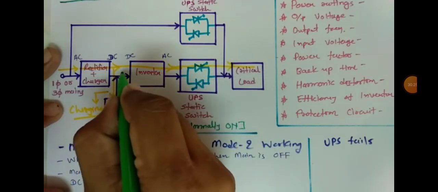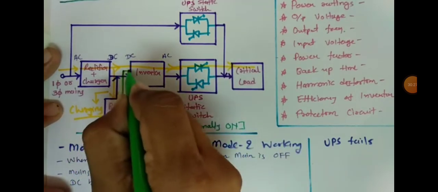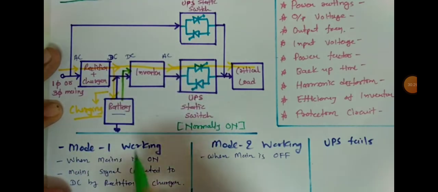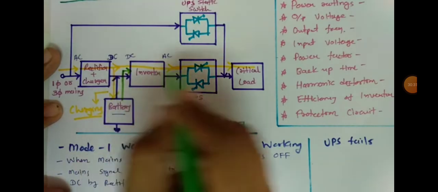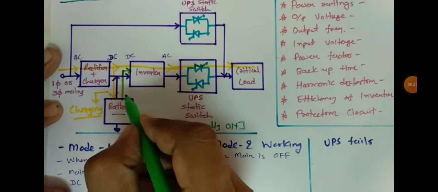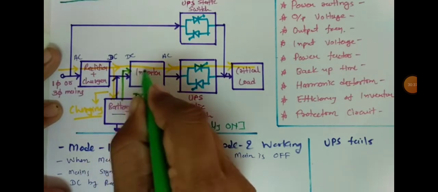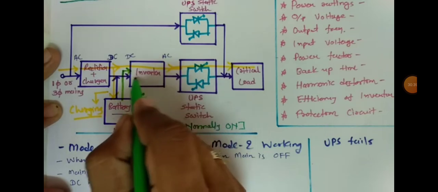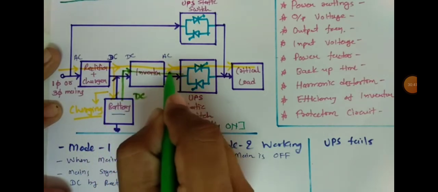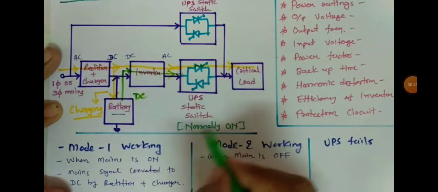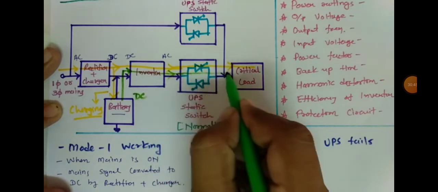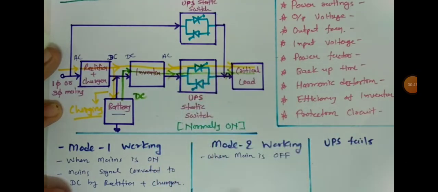So in this case, the battery is giving supply to the load via the inverter. The DC signal with the battery is translated into AC by the inverter, and this normally on switch is on, so ultimately that will be delivered to the critical load.